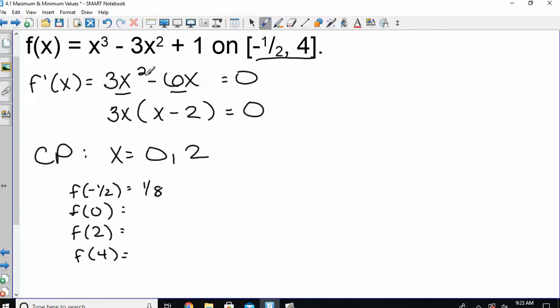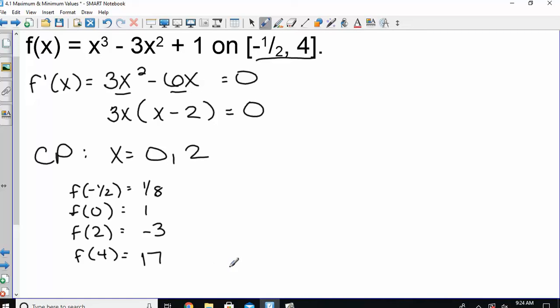If we plug in a 0, what do we get out? 1. If I put in a 2, I get 8 times -3. And if I put in a 4, positive 17.